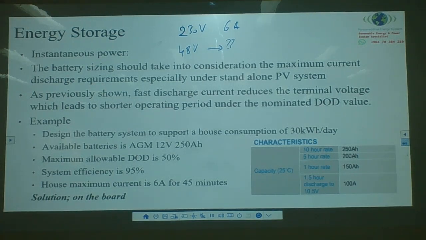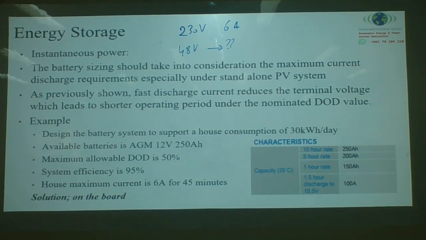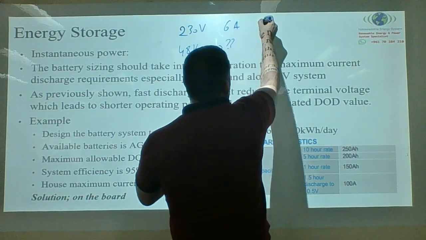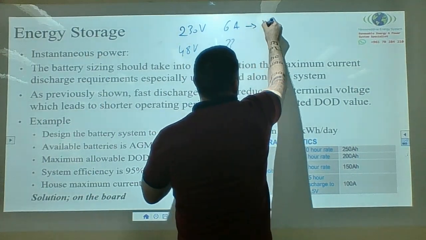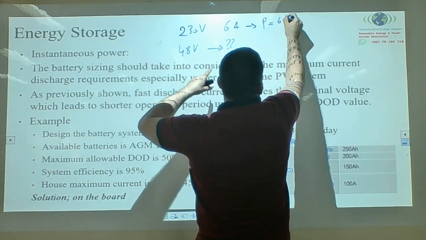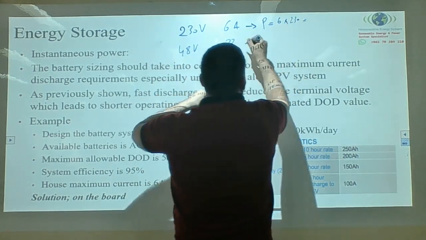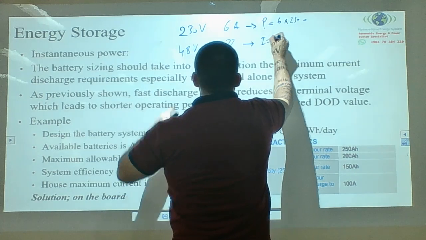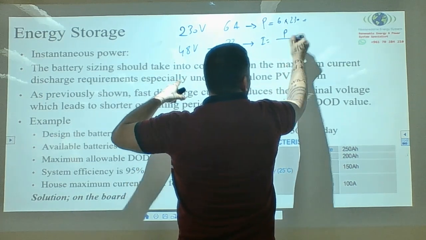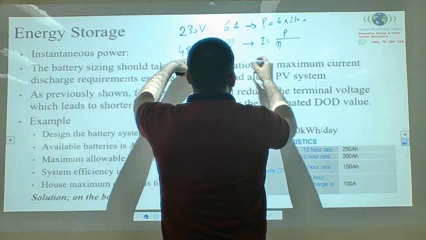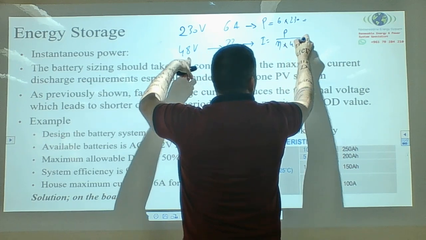Remember, let's use the same design. What will be the current? How do I calculate the current? This will be the same power. The power is equal to 6 times 230, which is 1.380 kilowatt. For this one, the current I is equal to the power divided by the efficiency of the inversion multiplied by 48.